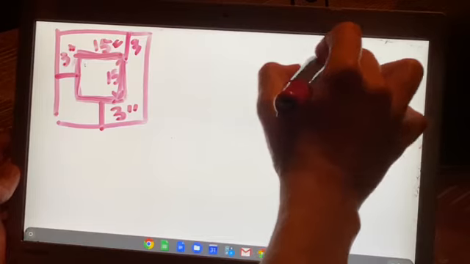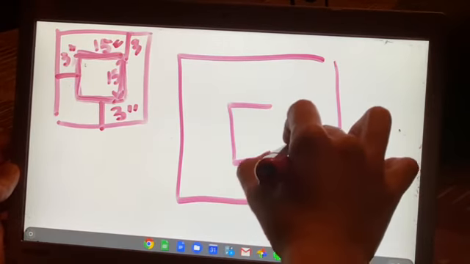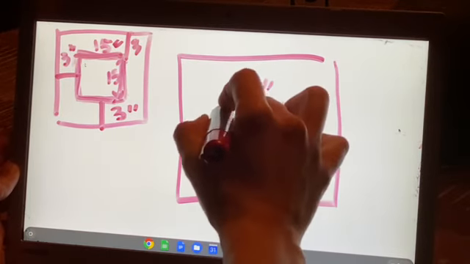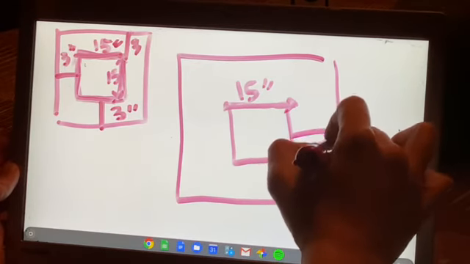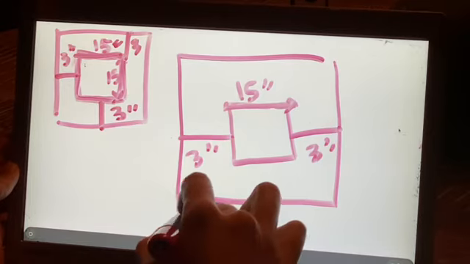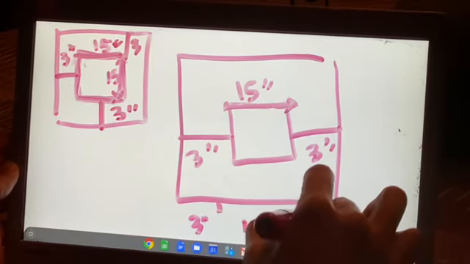I'm gonna actually draw it bigger. So 15 inches here to here. Okay, but then this is 3 inches, and this is 3 inches. So that means that this bottom, like the whole entire edge, so we have 3 inches, 15 inches, and 3 inches.